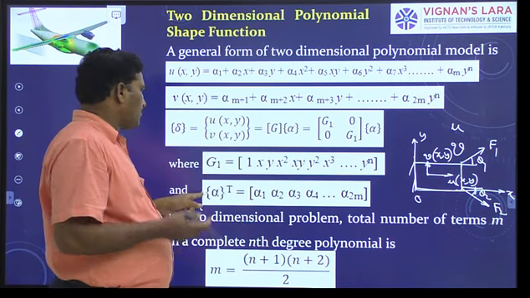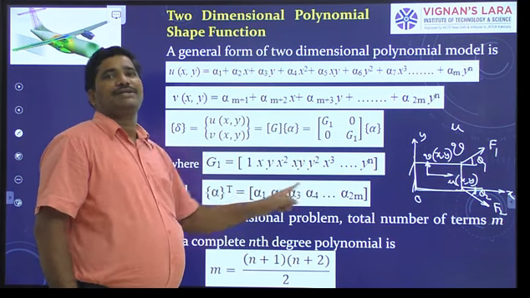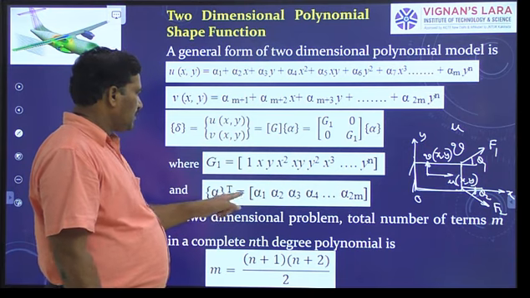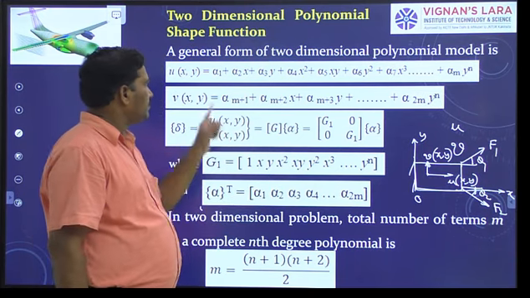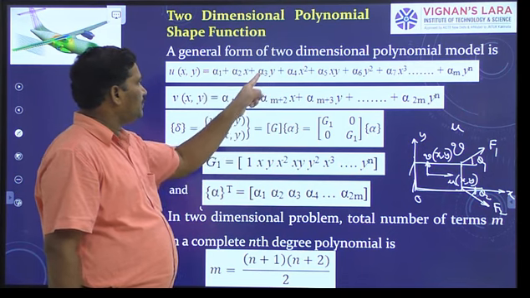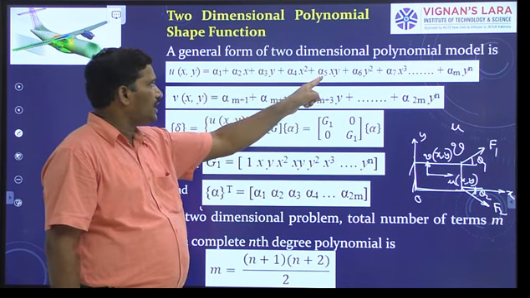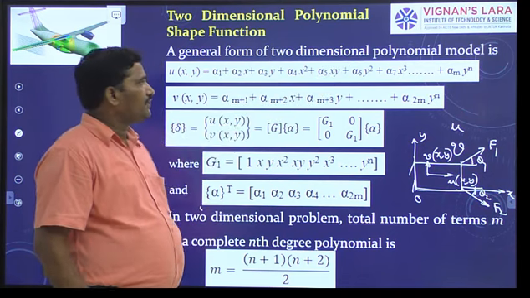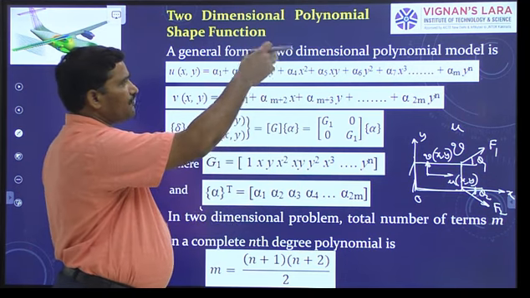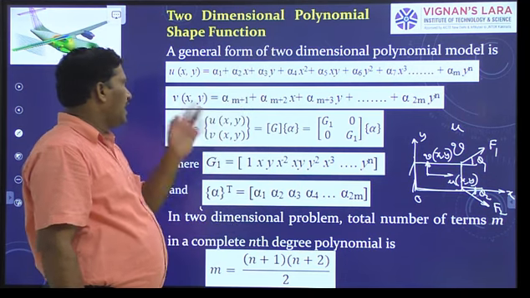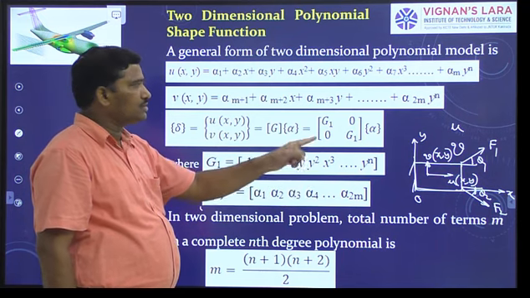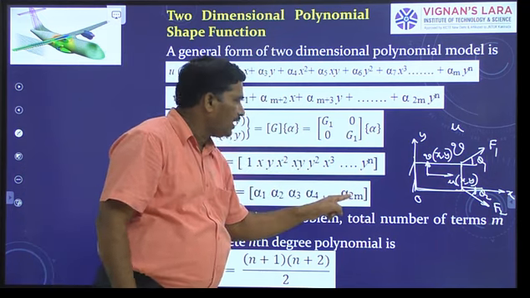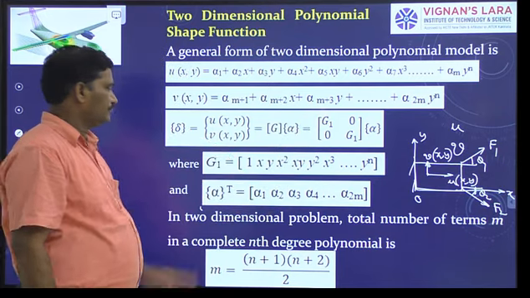Now transpose of alpha is a row matrix having the elements alpha 1, alpha 2, alpha 3, alpha 4, alpha 5, alpha 6, alpha 7, so on and so forth, alpha m. Next, alpha m plus 1, alpha m plus 2, and so on, and it ends with alpha 2m. This is how we write.